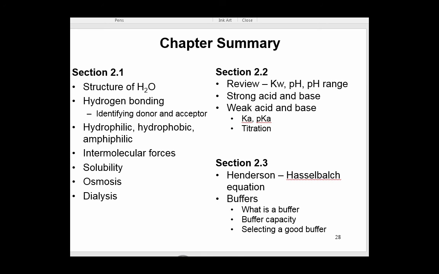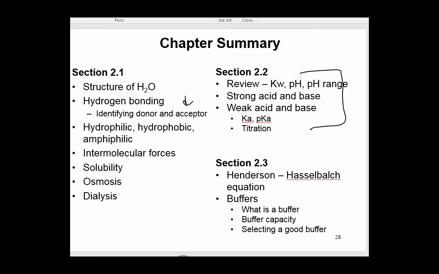Make sure you understand hydrogen bonding and identifying donor and acceptor. Understand the terms hydrophilic, hydrophobic, and amphiphilic, and intermolecular forces. Understand and review all the intro chem in terms of strong acids and bases, pHs, weak acids and bases in regards to Kas, pKas, and those titration curves.